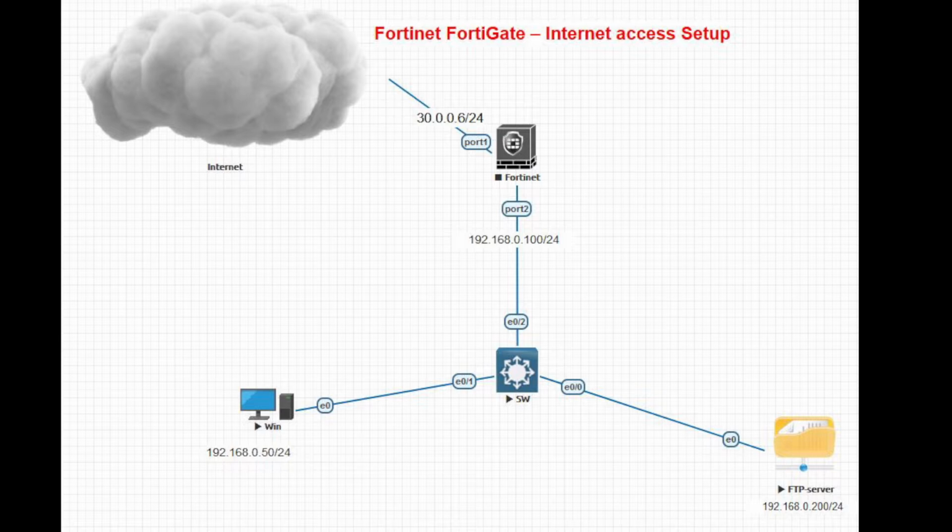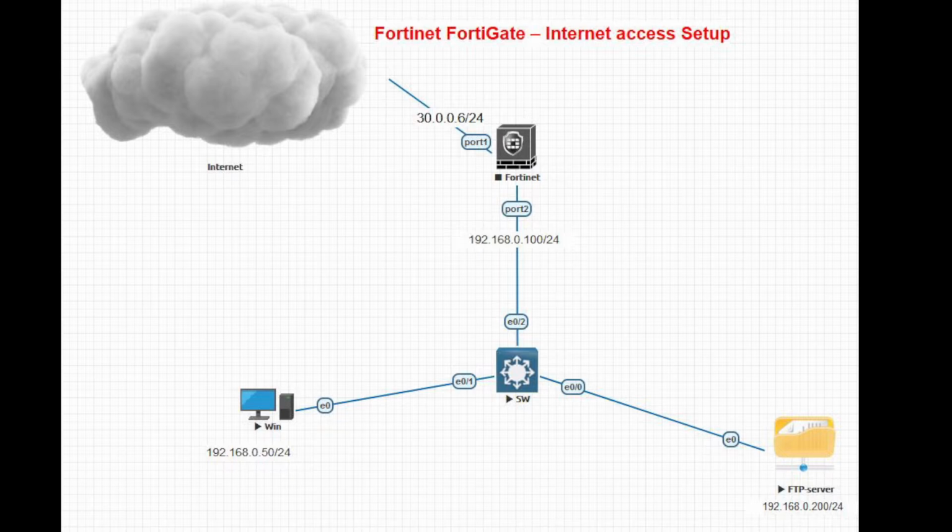So if you look at the topology diagram right now, the LAN machine is in the LAN. Within the LAN, we have one machine, basically a client machine, and then the FortiGate switch and FortiGate firewall.